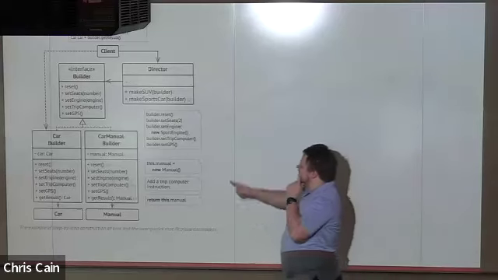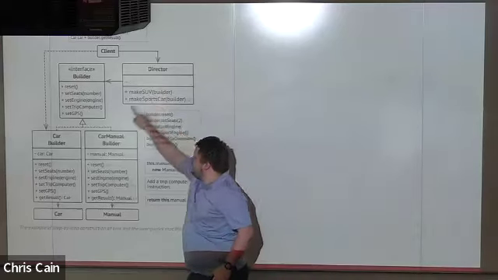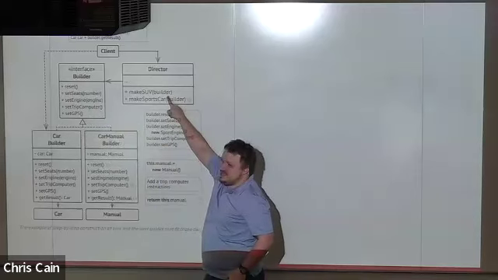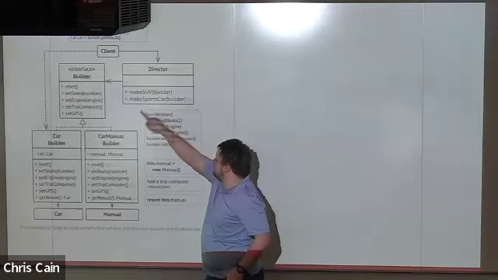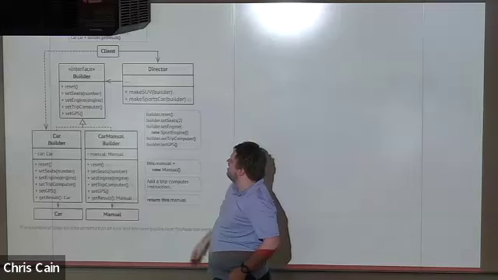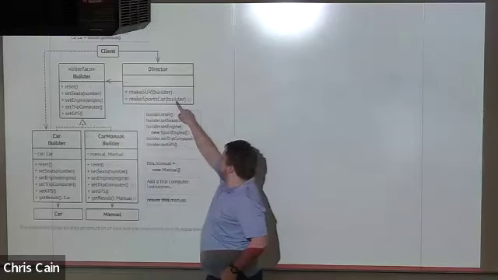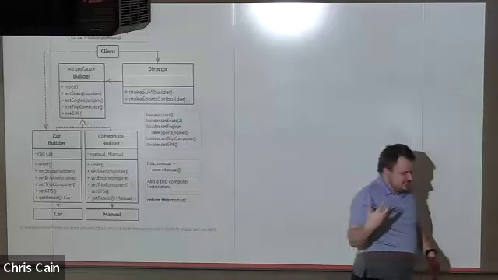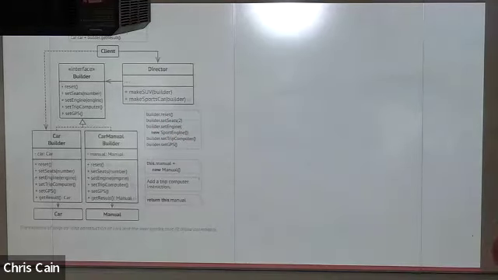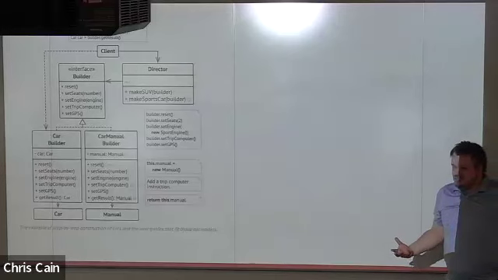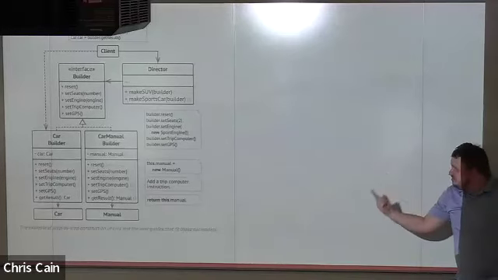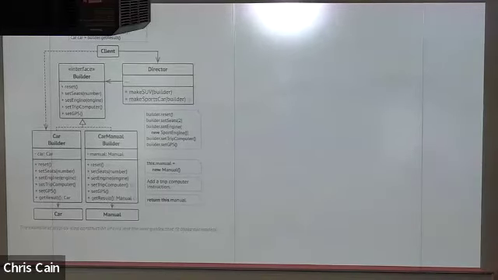The director, on the other hand, knows exactly how to set the seats if it wants to make an SUV, and exactly how to set the seats if it wants to make a sports car. So we cut off the client from the builder and have it only interact with the director that puts the associated constraints on the project. The user can select, I want an SUV or I want a sports car.